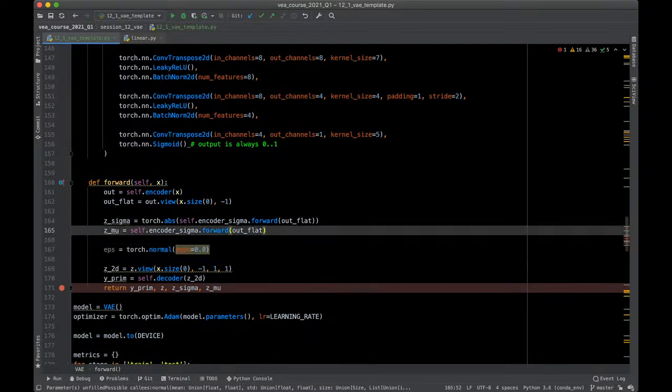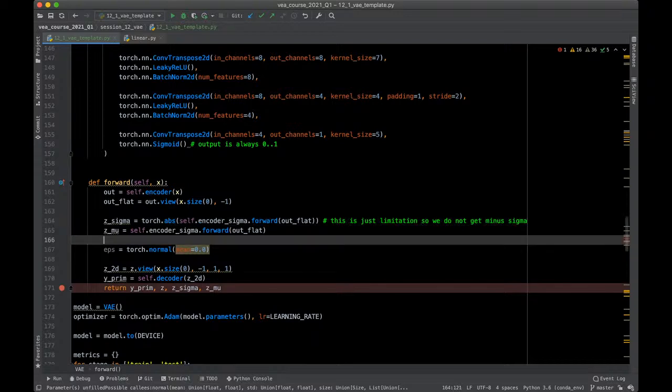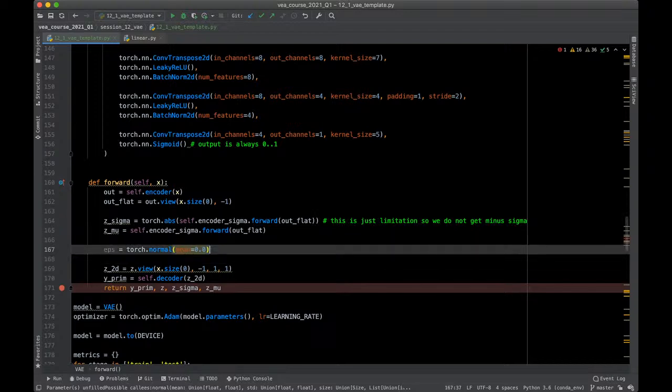So this is just a limitation so we do not get minus sigma. If you look at the sigma equation, the standard deviation should not be minus, standard deviation of 1, but mu of course can be minus.